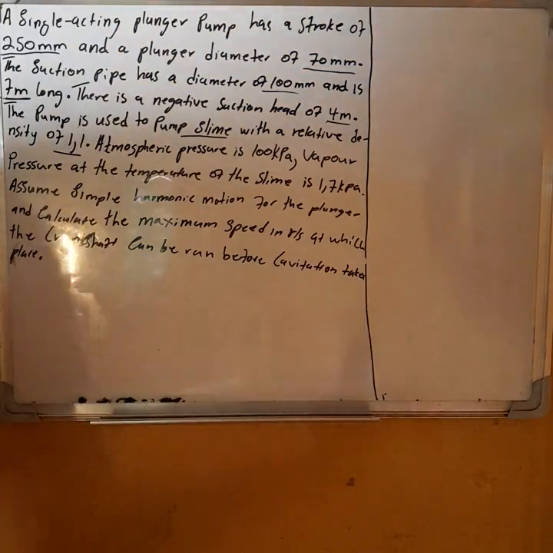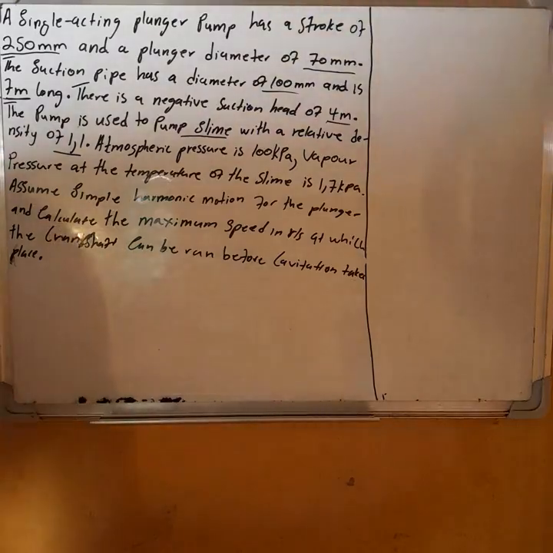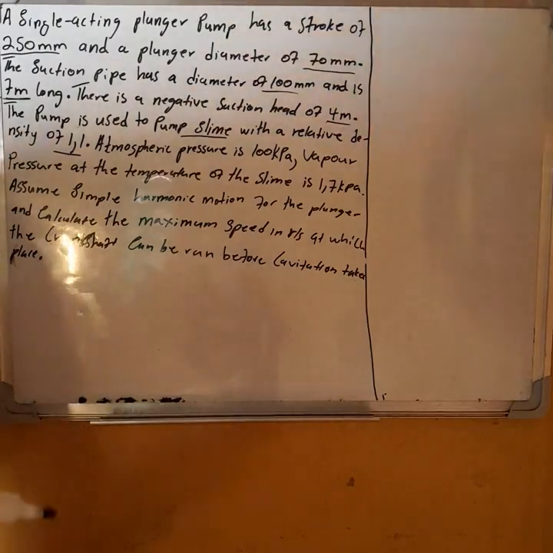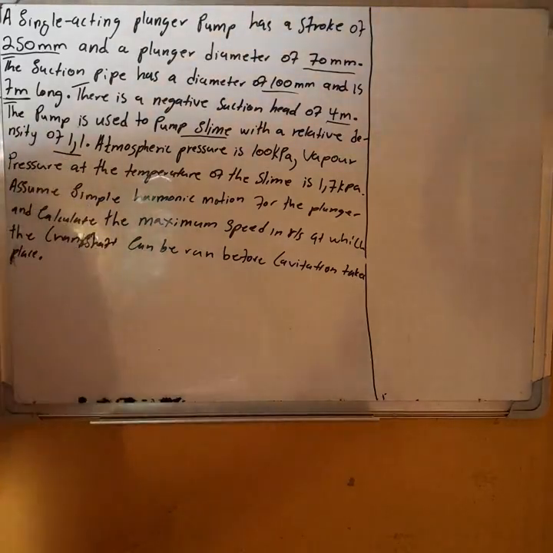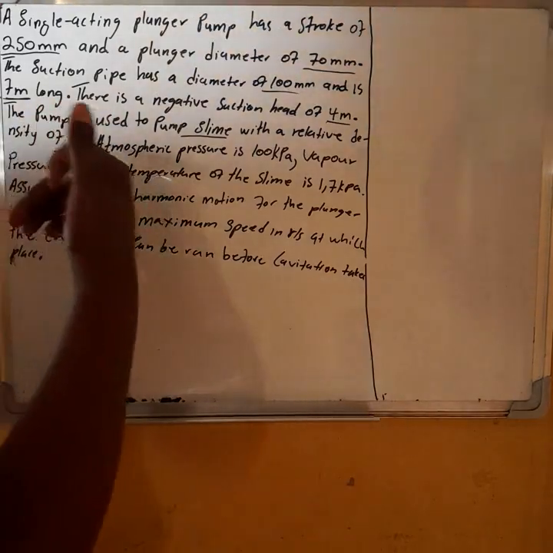If you still remember your N5, this is the same as the properties of hydraulic fluid in N5. If you forgot it, just go back and check it. I also have videos for N5 there, where we talked about specific gravity. Relative density is the same as specific gravity, which has no SI units because it is a ratio. It's 1.1.